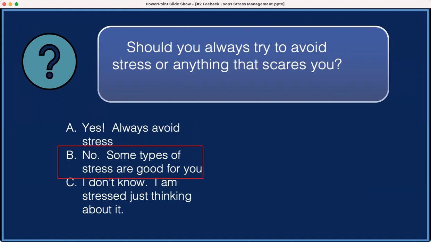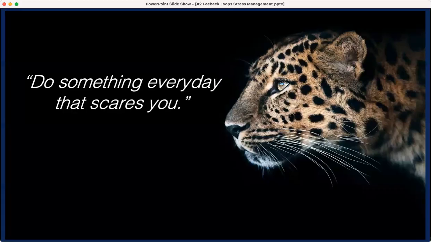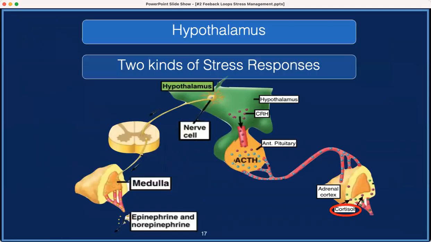The answer is actually some types of stress are good for you. So I love this quote: do something every day that scares you. And I'll show you why. Do you remember, review, your hypothalamus is responsible for producing two types of stress response.